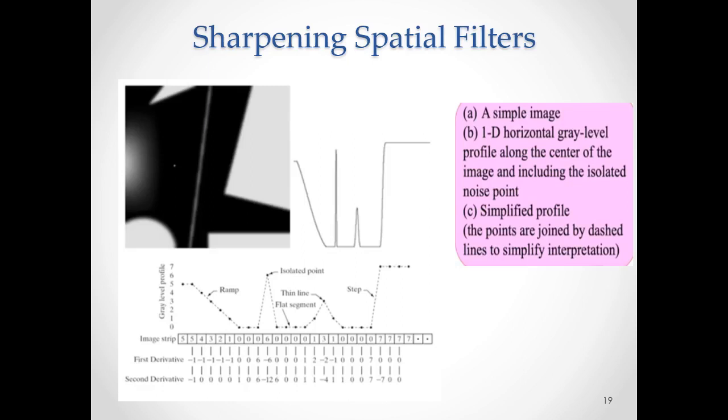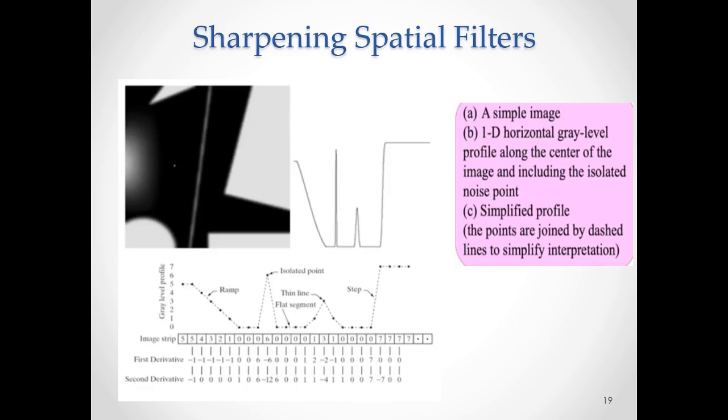So, in the same way 3 plus 5 minus 8, it is 0. In the same way 2 plus 4, which is 6 minus 6, it will be 0. Likewise, you can find different values for second order derivative. So, you can take here 0 plus 0 minus 12, it is minus 12. Again here 1 plus 1, it is 2 minus 6, it is minus 4. Likewise, you can find different values.